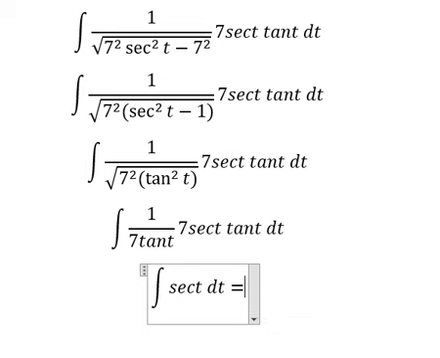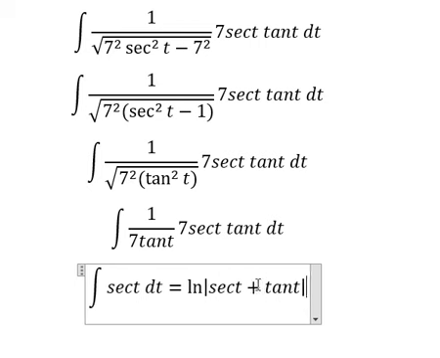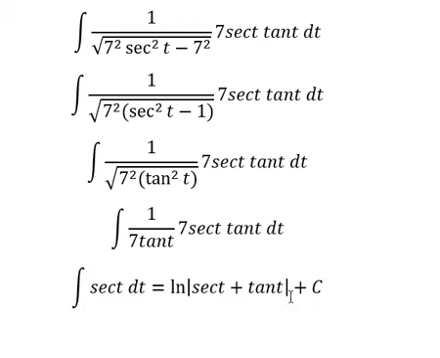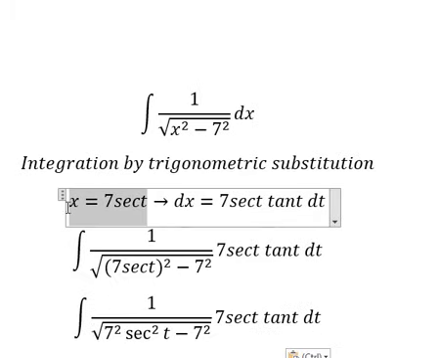And we get ln of the absolute value of secant of t plus tan t, and we put c. About t, that is this one. So we need to divide both sides by 7.